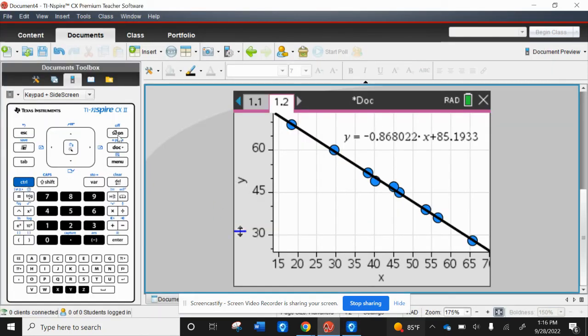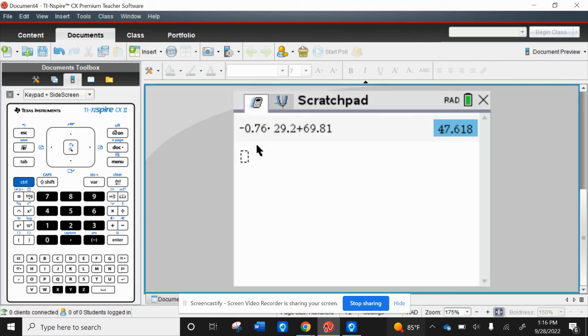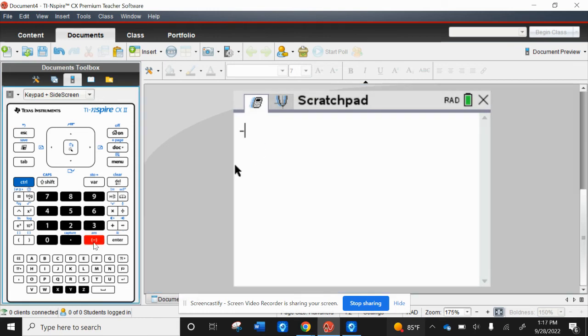So I'm going to press On, Calculate, delete the previous problem. So the negative button's right here, 0.87, parentheses, 31.5, click to the right, plus 85.19.